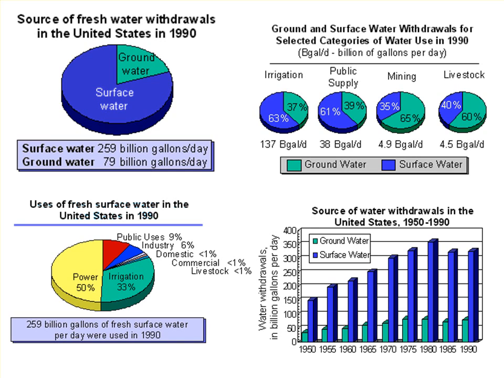Okay, if we break it down further, the uses of fresh water in the United States in 1990, in the bottom left-hand corner, we've got this chart. We see 50% of the fresh surface water in the U.S. gets used to generate power. Again, this is something to consider when you are using electricity around your house, because this is something you have control over.